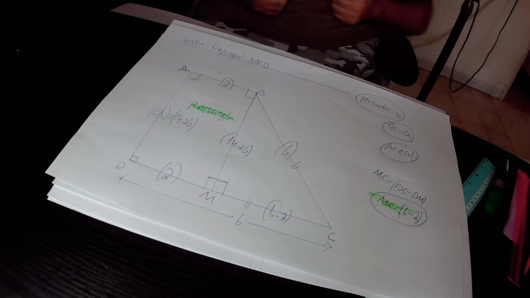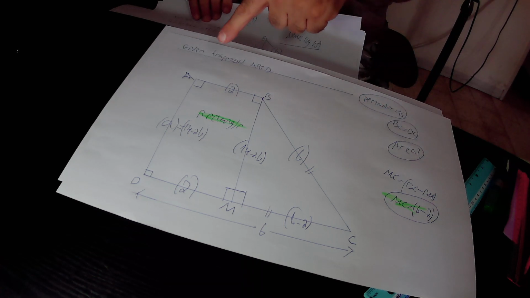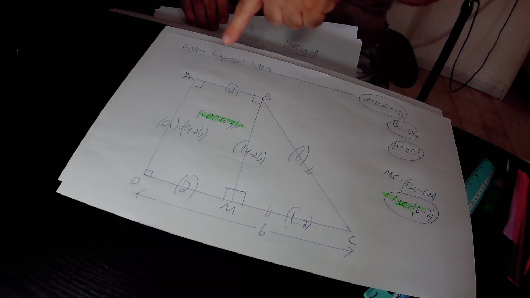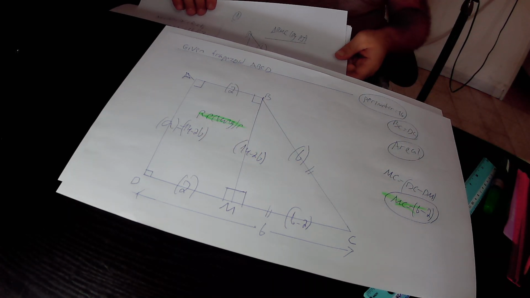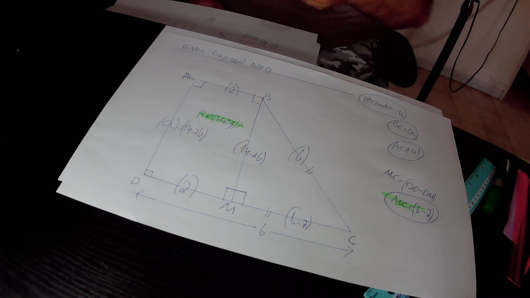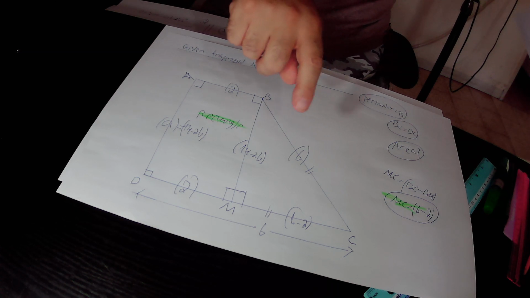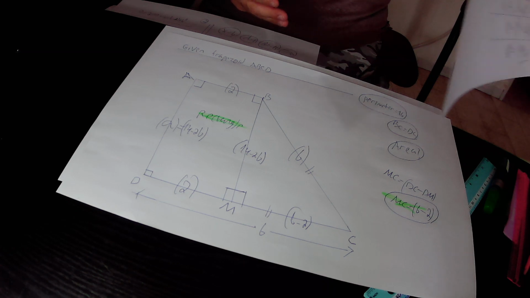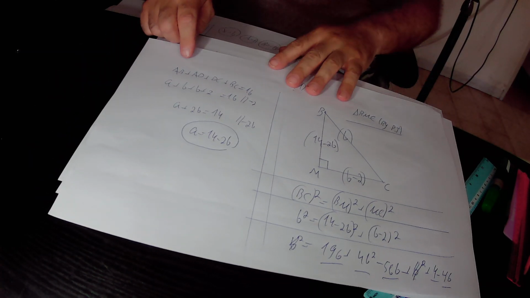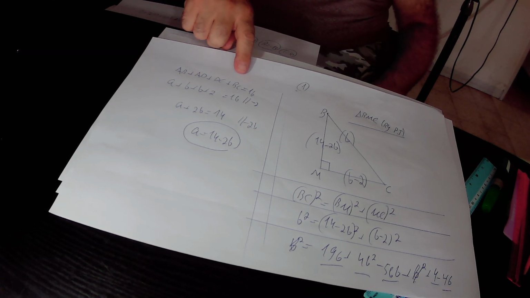So AB plus AD plus DC plus BC equals 16 units according to what is given in the question, because the perimeter of this trapezoid ABCD is 16. Again, the sum of the 4 sides is AB plus AD plus DC plus BC, and that is 16.